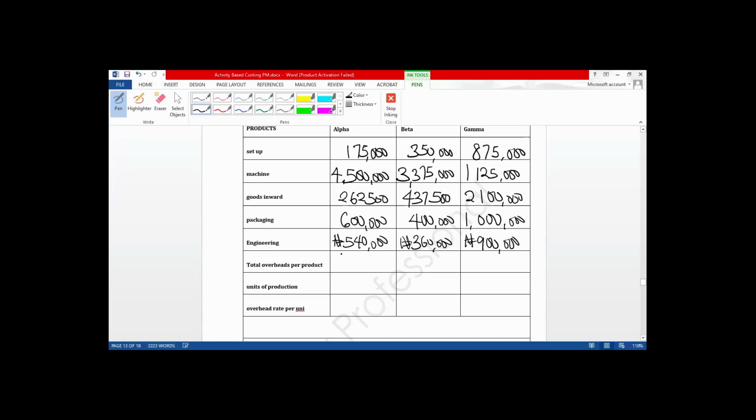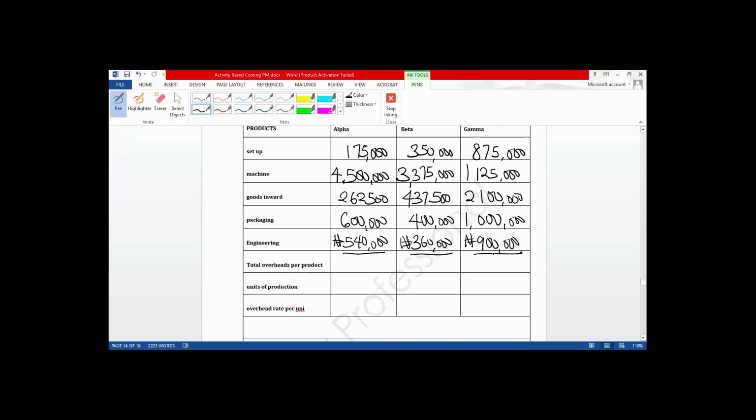You can now get total overhead per product. Somebody can take the first one, somebody take the last one.